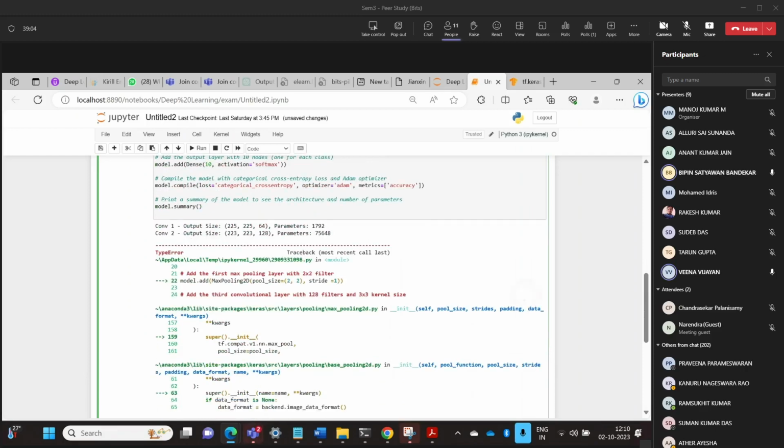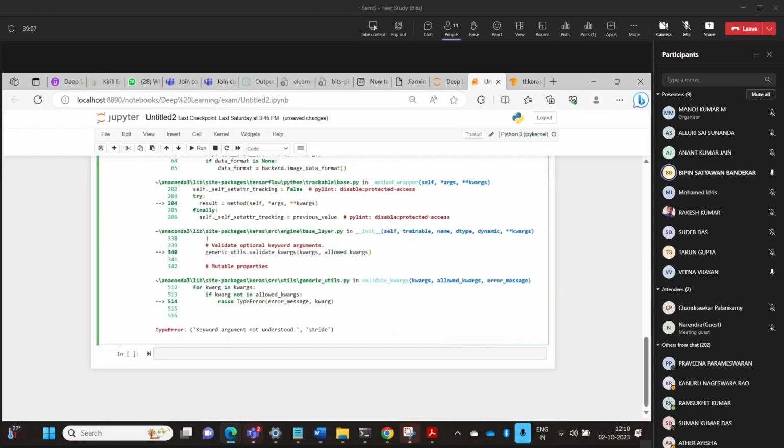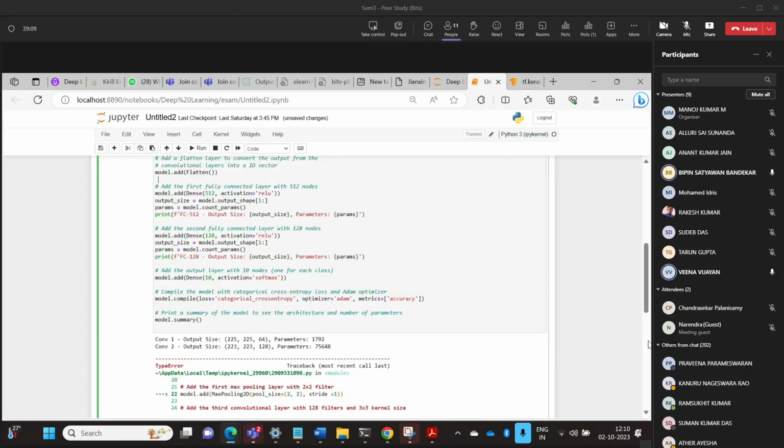And then I'm getting this error telling memory issue with strides. When you say stride is one, let me change.